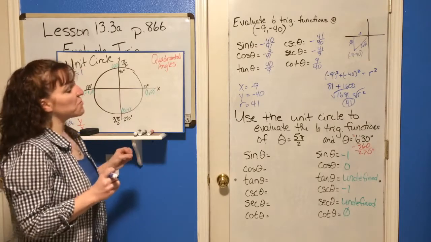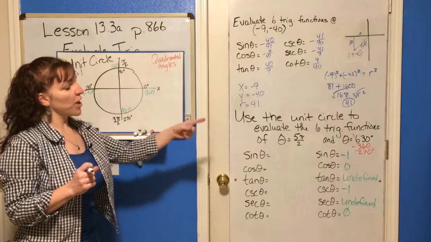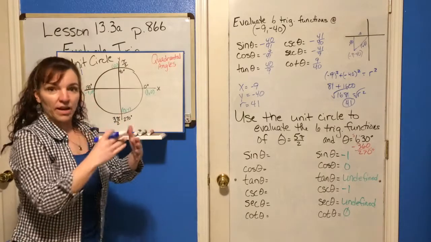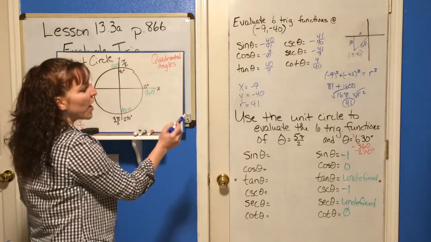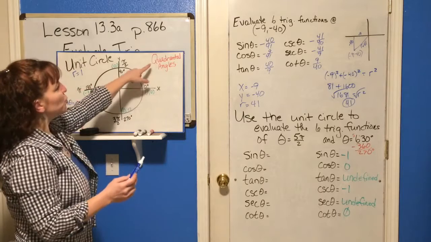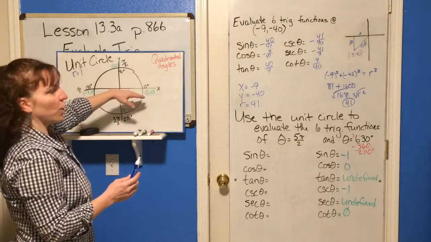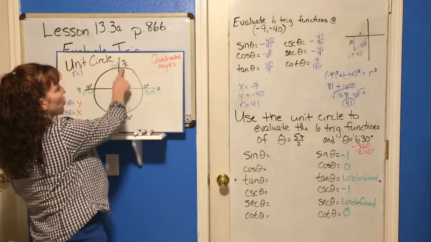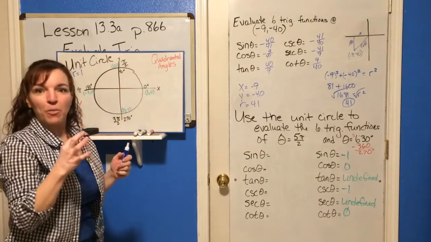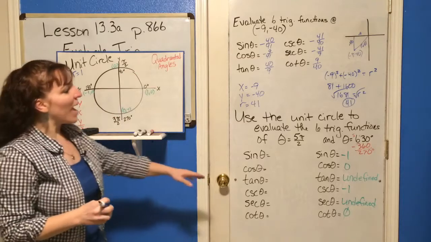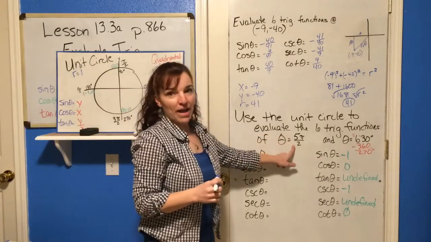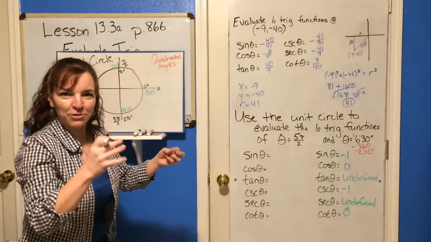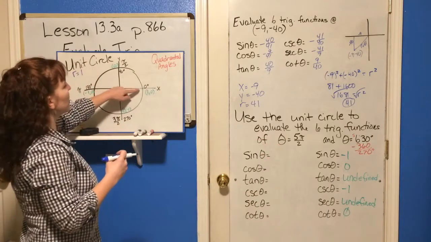So what we need to do is find the place where 5 pi over 2 is. With these quadrantal angles, each quarter of a circle is pi over 2. It's half of a pi, all right? And we have 5 halves of pi. You might count it differently, but here's what I do. I say, well, I'm starting here.